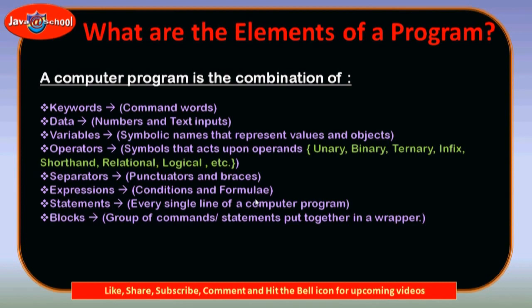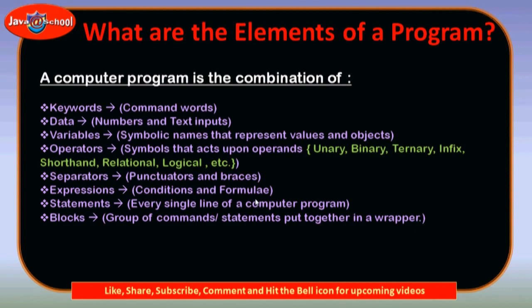A computer program is a combination of many things. The first one is keywords. Keywords are the command words that we use in a program for writing commands. Then we use data, that is values, numbers, alphabets.